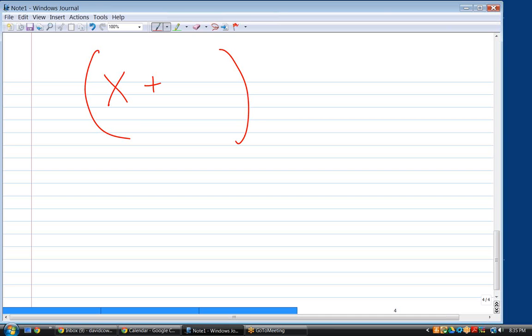The expansion of x plus 2 times what? x squared plus 1 to the 8th. All to the 8th.